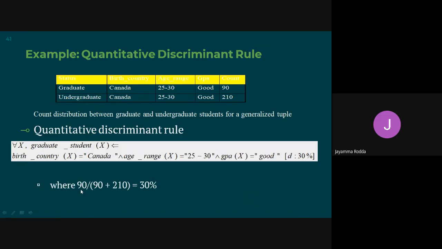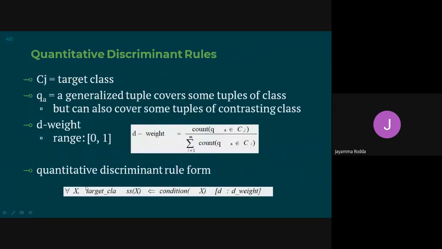Okay, it is calculated. So 90 by 90 plus 210 is nothing but 90. What is the formula we are having? Count of the target class over the count of both the target and the contrasting class.